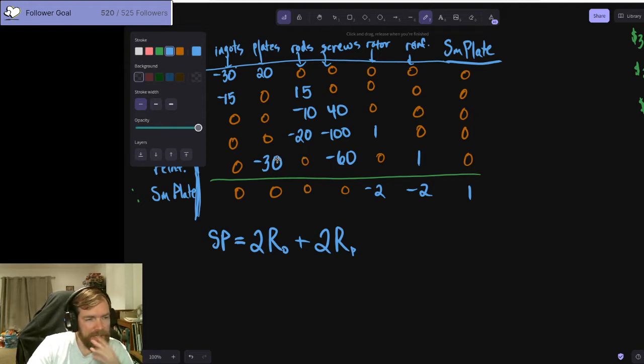And then I was thinking, is it actually linear programming, or could we just get row reduced? But I see. No. So in this particular case, the smart plate is equal to 2 rotors plus 2 reinforced, right? The 1 reinforced is equal to 60 screws plus 30 plates.